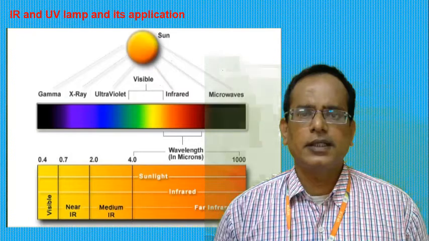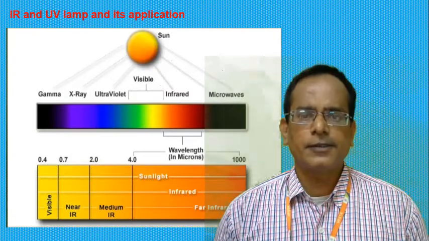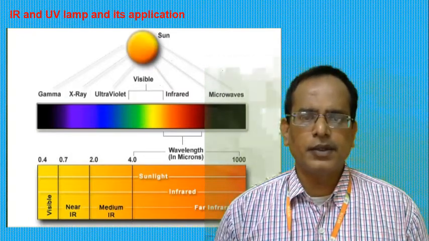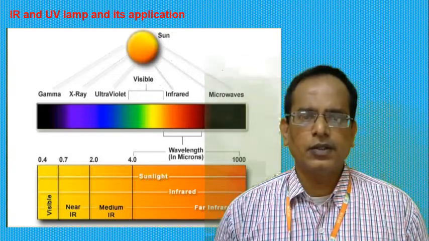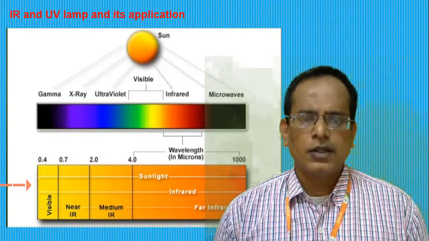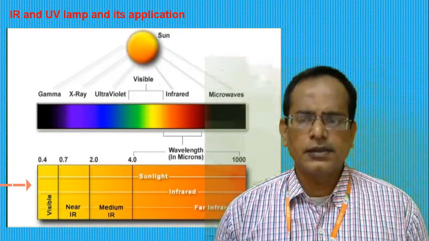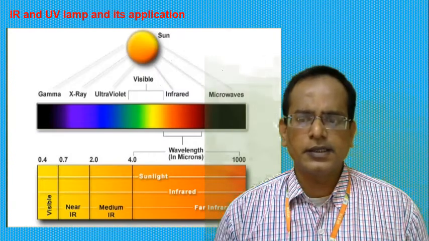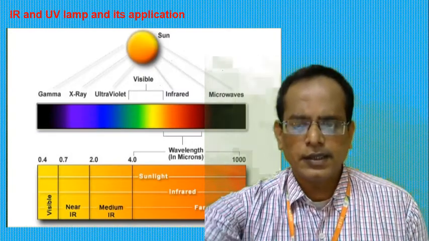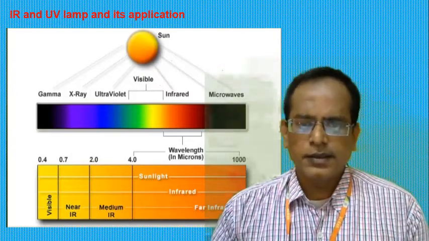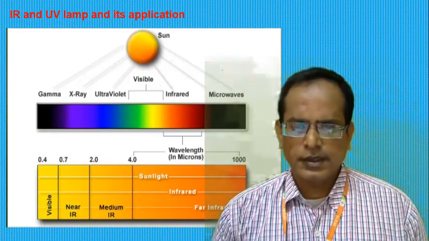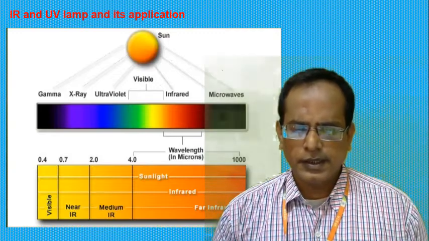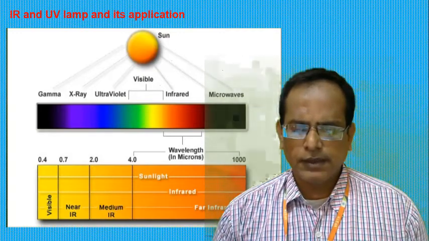On the other side it is given infrared and microwaves. So wavelength is very important here. Infrared wavelength is in microns, as you see in the diagram, and sunlight has wavelengths from higher to lower level.